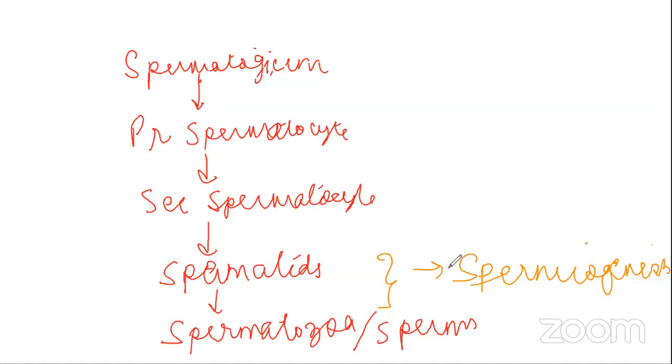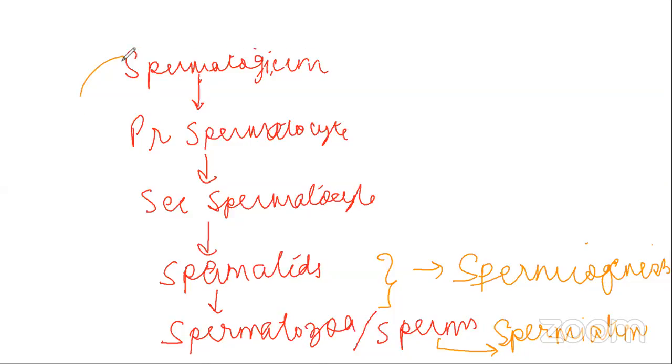When the sperm heads become embedded into the Sertoli cells, and when they are finally released from the Sertoli cell membrane into the lumen of the seminiferous tubule, this step is called spermiation. Be very careful. It's very natural to get confused between these terms. So this is called spermiation.